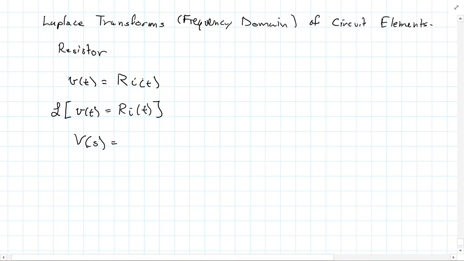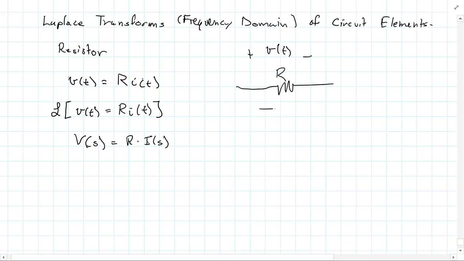That doesn't change. And I is just the current, so this would just be R times I at S. In other words, if we have a resistor with a resistance of R, and we have plus-minus V at t, and a current going through here. Let me make a little bit better arrow.